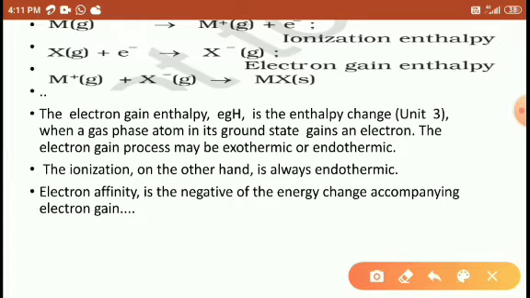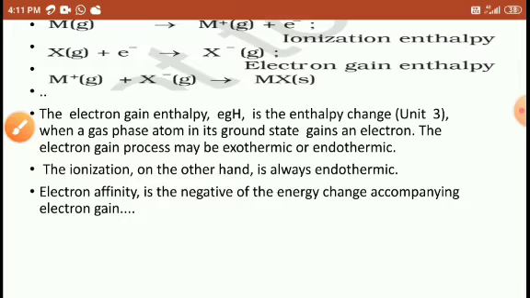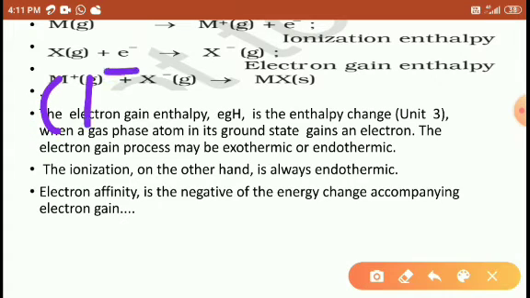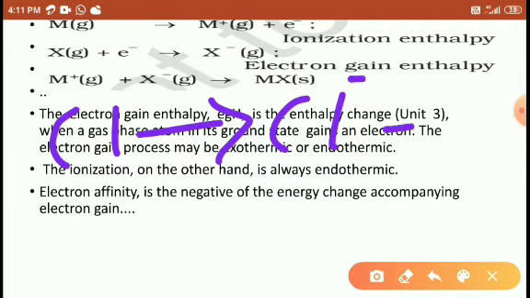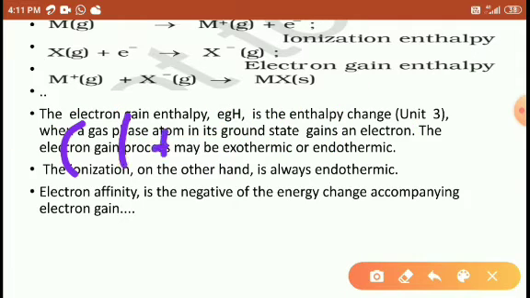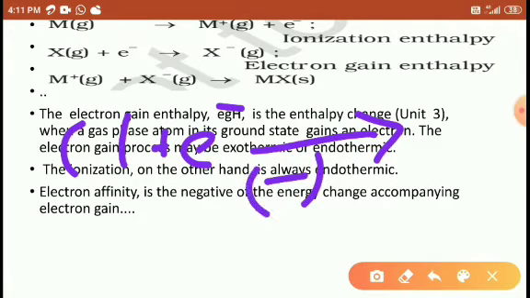And some species like chlorine or the halogens, during the addition of electrons, release energy. Releasing means we indicate a negative sign. Negative sign we are indicating. It means it loses energy.